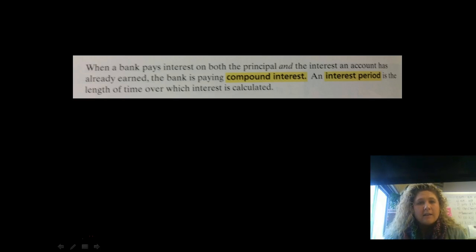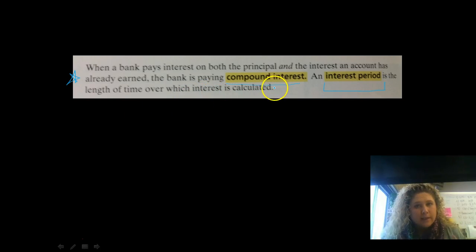We're going to take a look at some interest, which is like our banking problems. So when a bank pays interest on both principal and the interest that an account has, it's what we call compound interest. And then knowing your interest period is the length of time for which interest is calculated.